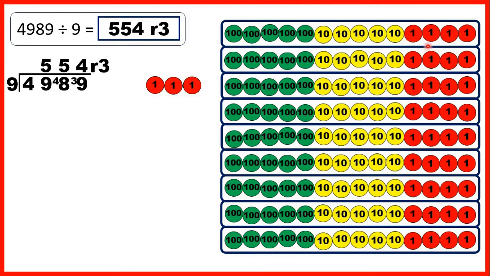So we have 4 ones in each of our groups, but then we have 3 remaining counters that we can't share out, and that's why our answer is 554, remainder 3, because in each of our groups we can have 5 hundreds, 5 tens, 4 ones, but then there are 3 one counters that we can't share out.